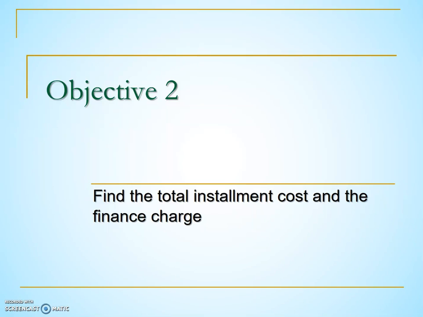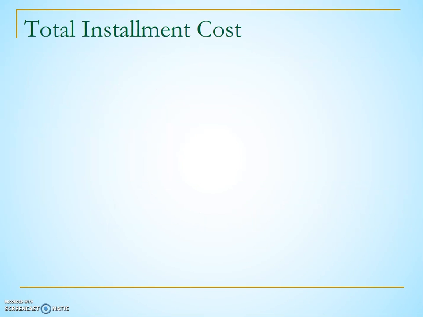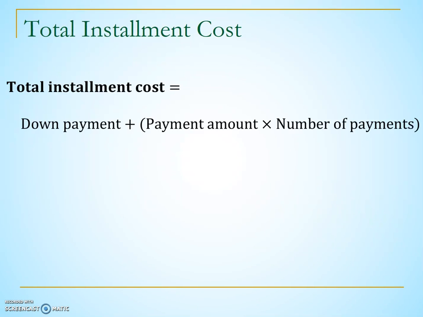Finding the total installment cost and finance charge for these loans. To find the total installment cost, we need to add any down payments to the total amount of payments made, which can be found by multiplying the payment amount by the number of payments.